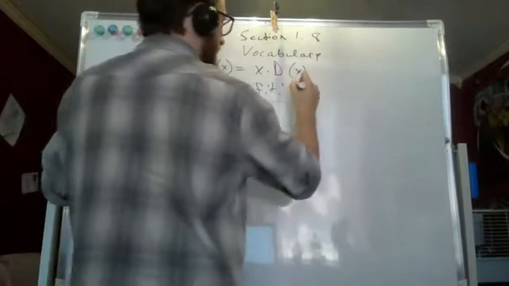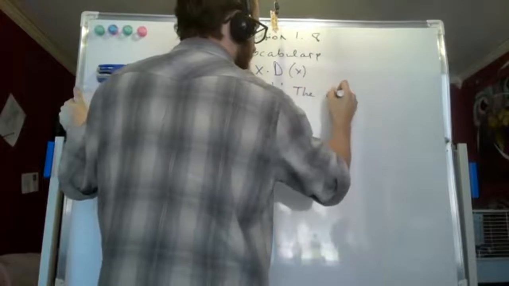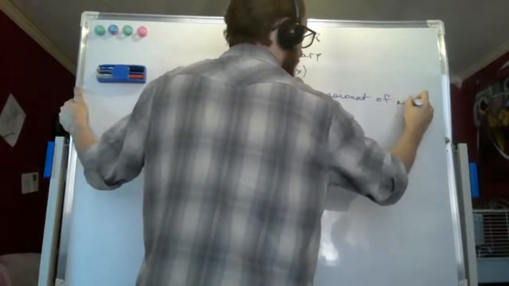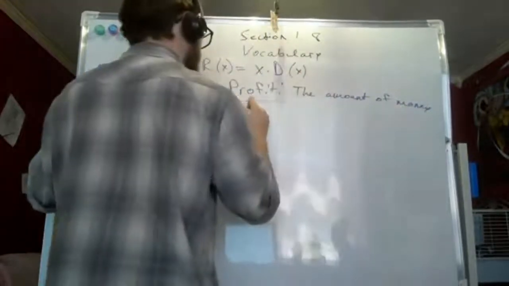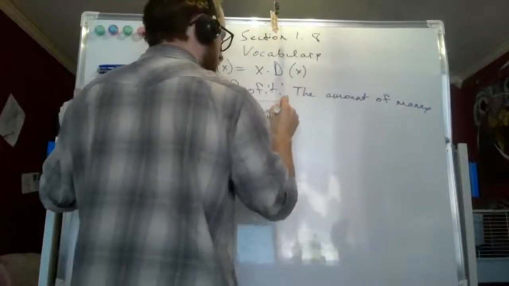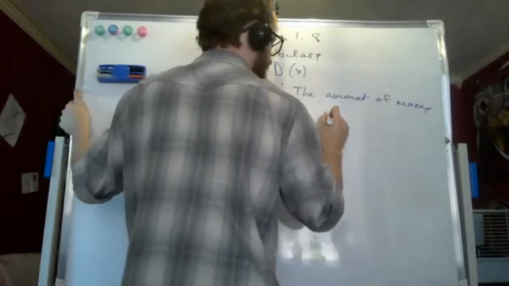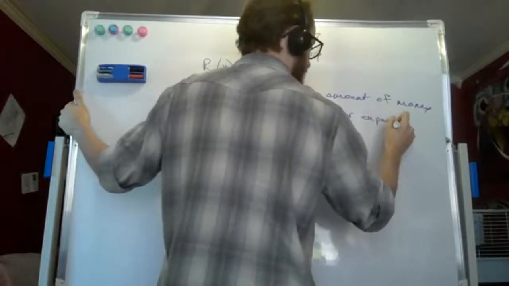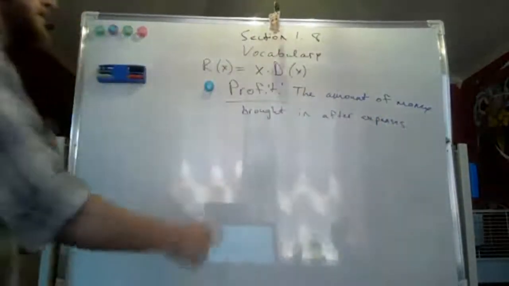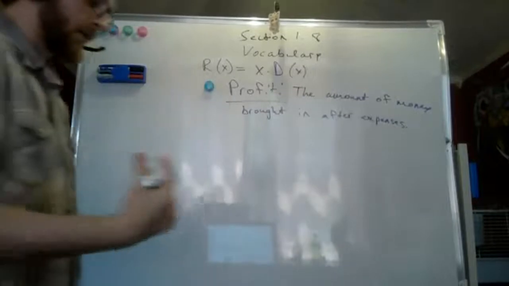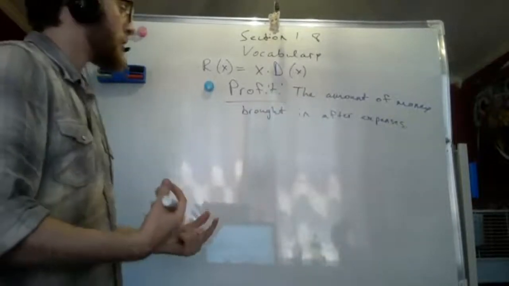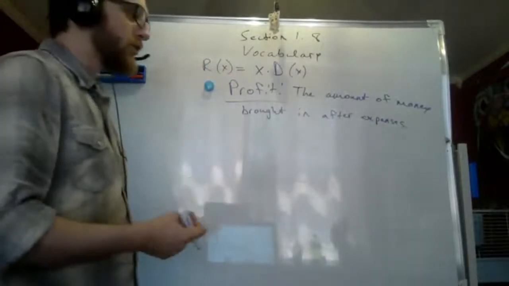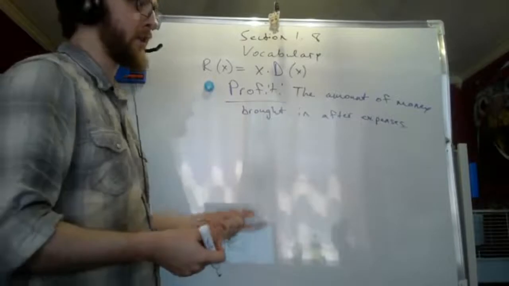So profit is the amount of money brought in after expenses. Now this makes sense. Revenue is the money that we got from selling things, but of the money we earned from selling things, some amount of it we're going to lose to costs, expenses, other things.